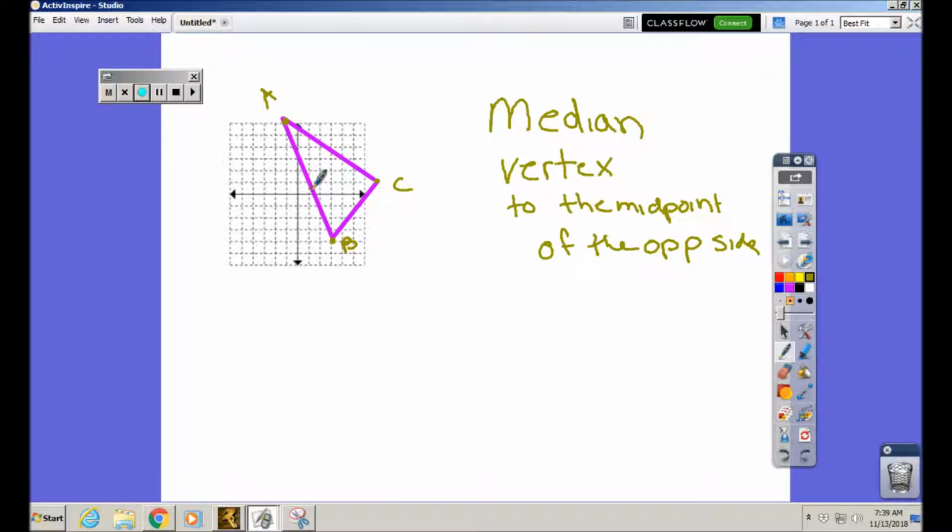So, on your concept improvement tracker for these, you're going to need a vertex. You're going to need the midpoint of the opposite side.